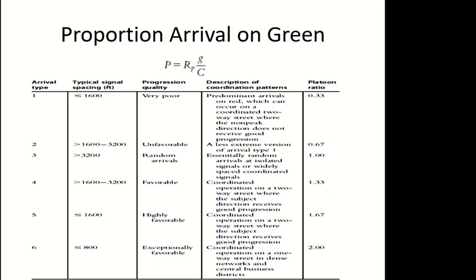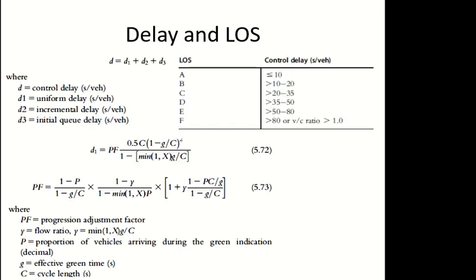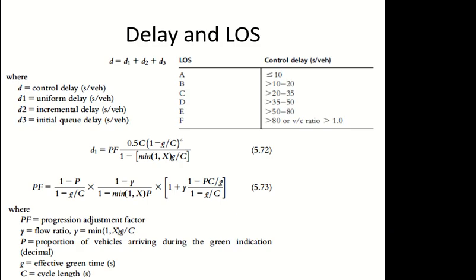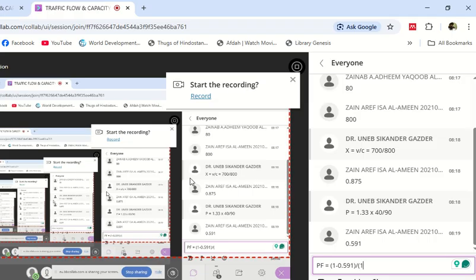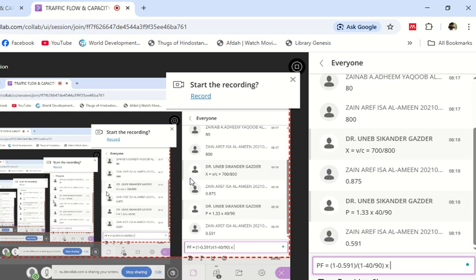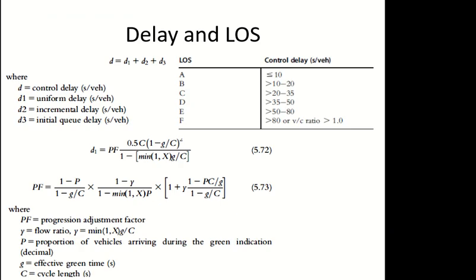Okay, so now we have the P factor. Now we can use this big equation for the progression factor. So progression factor is 1 minus 0.591, the P value, times 1 minus the G by C ratio, multiplied by 1 minus gamma.